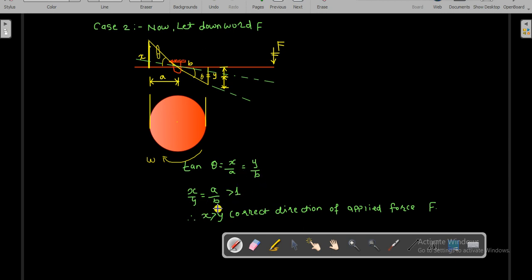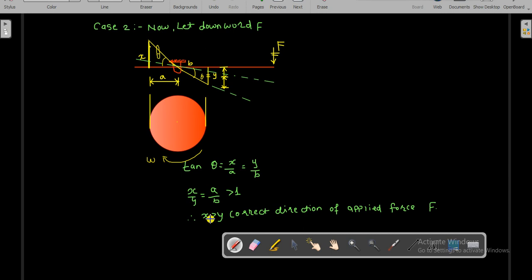So x by y is equal to a by b, and you know that a is greater than b, so the ratio a by b is again greater than 1. But here x is the distance on the upper side because we have changed the direction of the force.